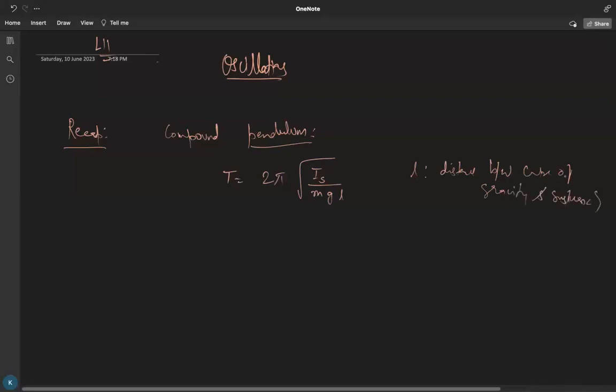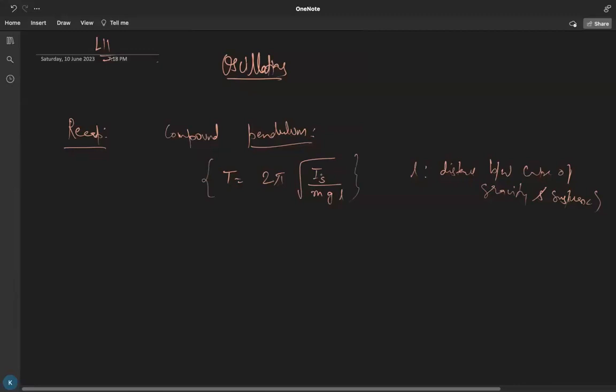So these are the things we learned in our previous class: whatever rigid body it is, we can calculate its time period if the body is able to oscillate, with the help of this formula.